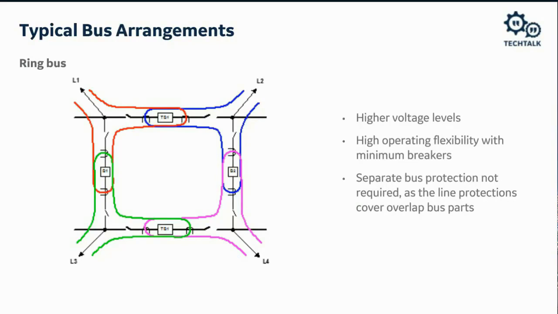Whereas if you do have a dedicated bus protection system for these ring bus applications, along with the line protection, then we would know right away if there's a bus fault or a line fault. But typically, because of the economics, you don't have to install additional CTs and additional relays for the bus section. It's easier to apply this protection by incorporating the bus as part of the line.